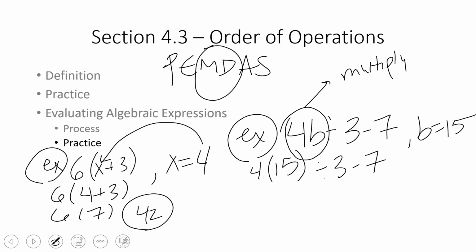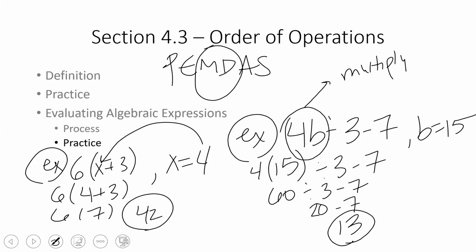So we're moving on here to our multiplication and or division left to right. So we have 4 times 15 is the first one we encounter. And now 60 divided by 3 and 20 minus 7. So that is a couple examples for evaluating algebraic expressions.